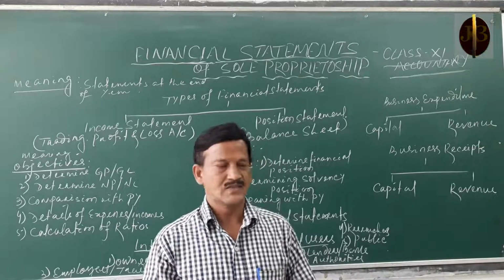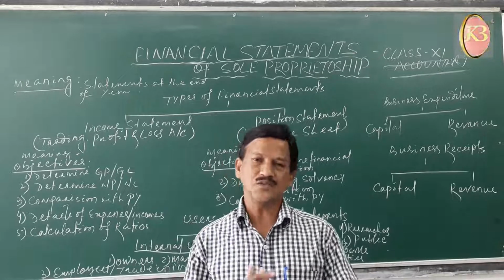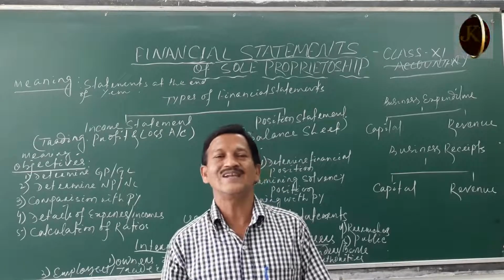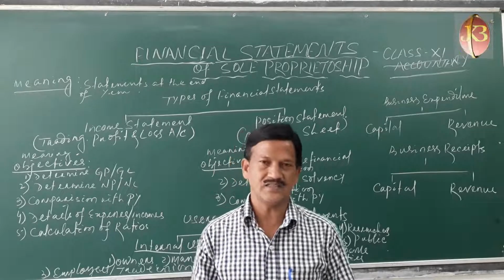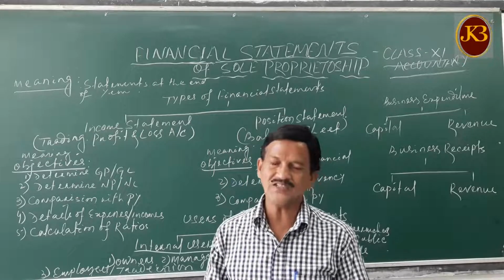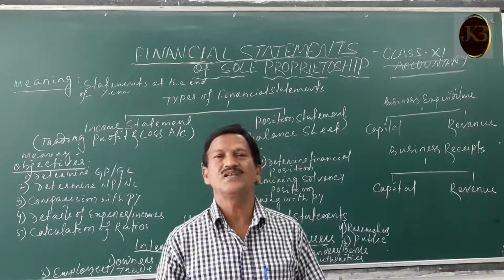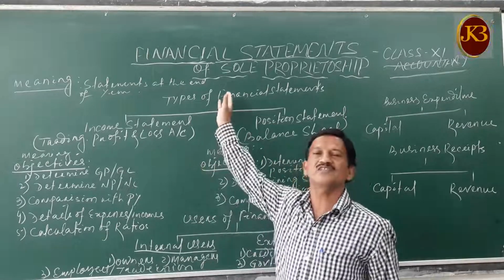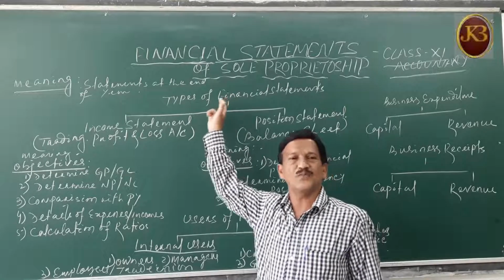So that sole proprietor is also interested to know his financial results at the end of the year. So we are going to discuss the financial statements of a sole proprietorship. Let's begin.